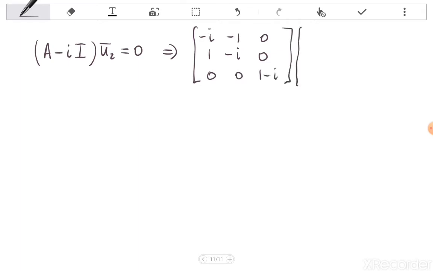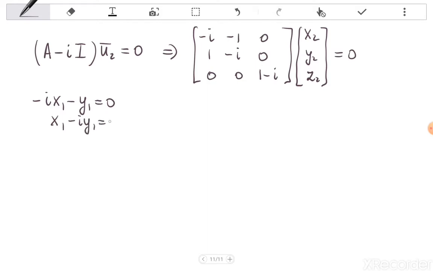Applied to, let's say, u2, which has coordinates x2, y2, and z2. This must be 0. So it means that minus i x2 minus y2 must be 0, and x2 minus i y2 must be 0, and 1 minus i times z2 must be 0.